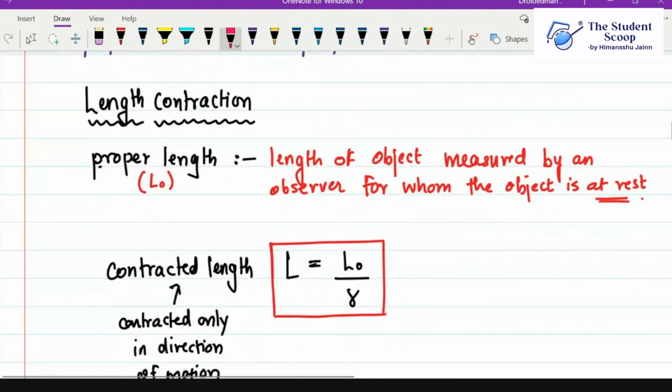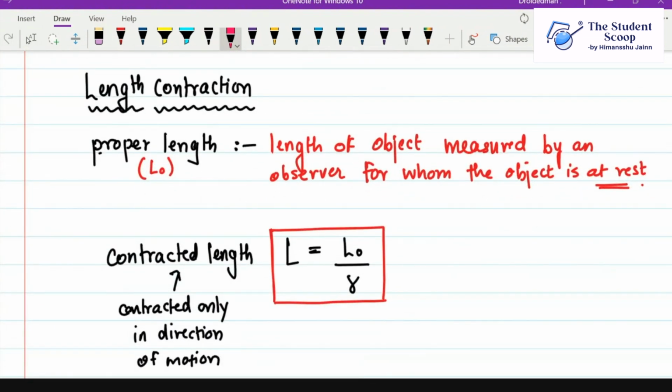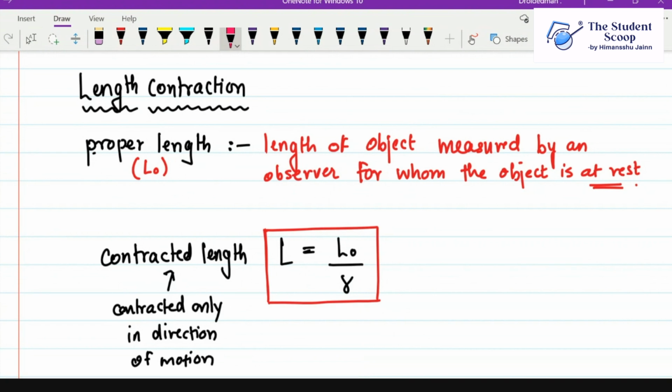Another similar example is length contraction in relativity. Like proper time, there is a proper length as well. Proper length is the length of an object measured by an observer for whom the object is at rest. The table in front of you is at rest with respect to you, so whenever you measure the length of this table, you will get a correct, accurate value.